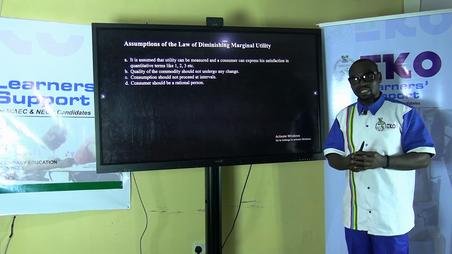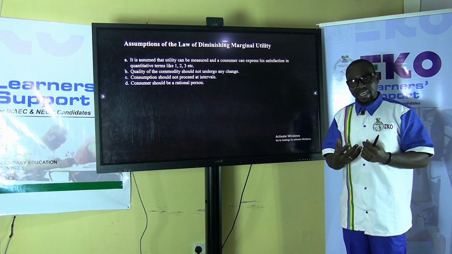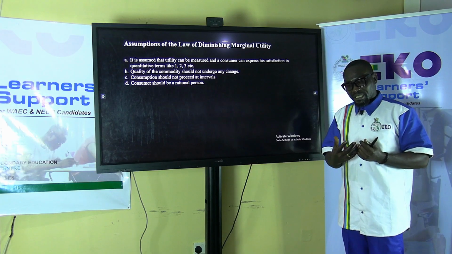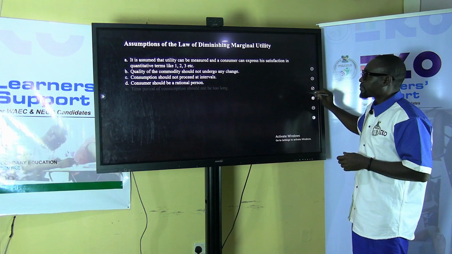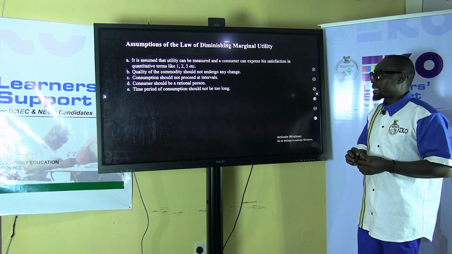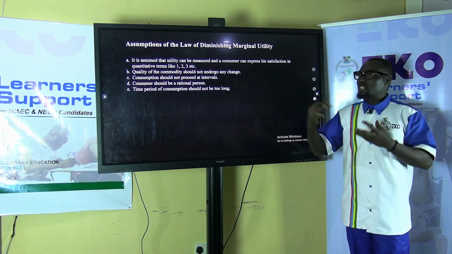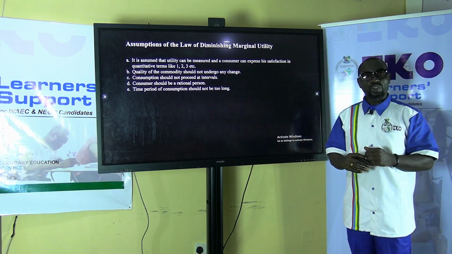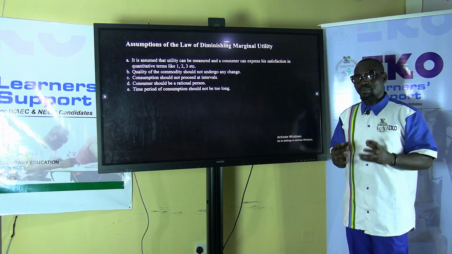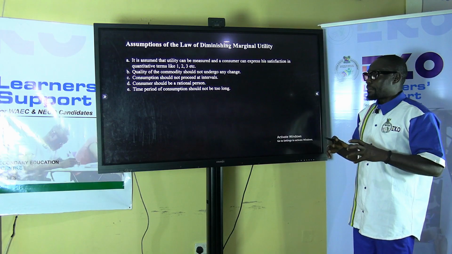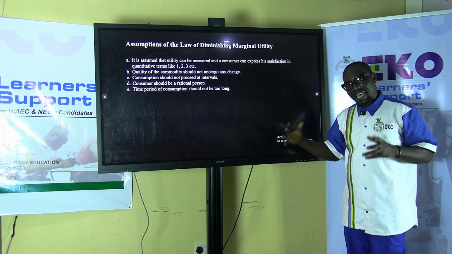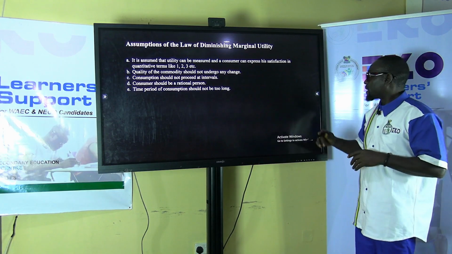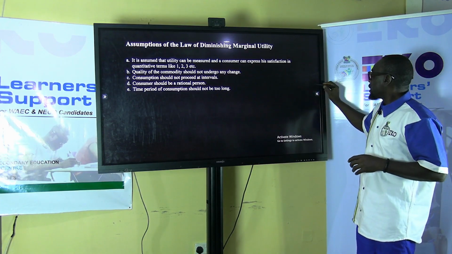A rational person is someone who can take the right decisions at any point in time. And then it is also assumed that the time period is not too long. That is also related to consumption not proceeding at intervals, which means that the time period during which we analyze the law of diminishing marginal utility is within a short period.